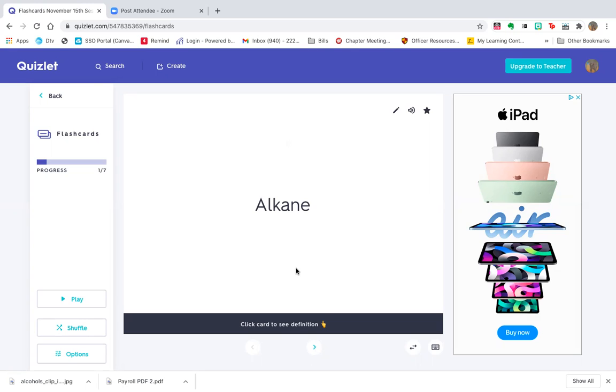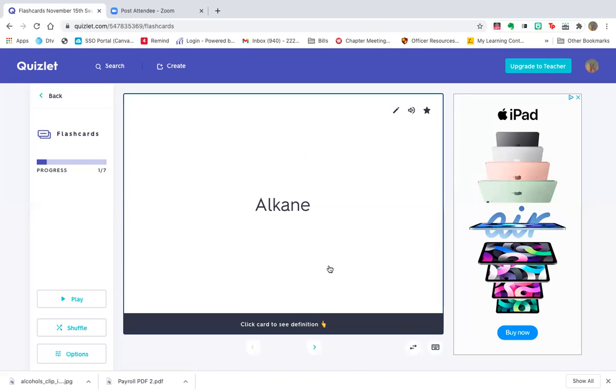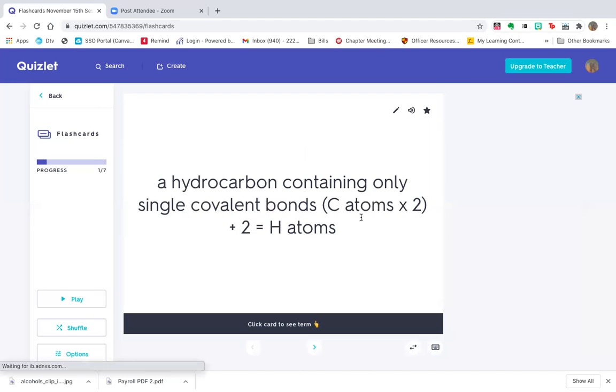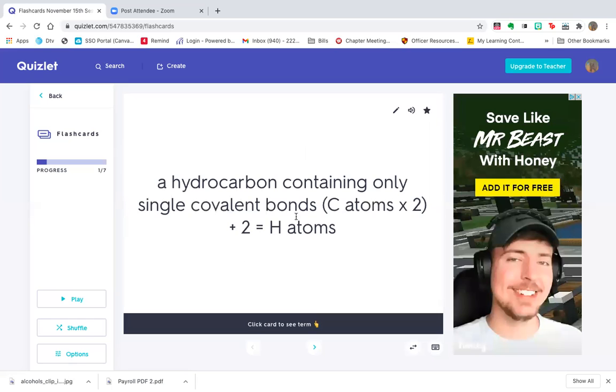Isn't that the one with only the single carbon bonds? Yeah, it's only got the single bonds. And then do you remember how many hydrogens you get from the carbons? The equation is carbon atoms times 2, and then you add 2 to get the hydrogen atoms.